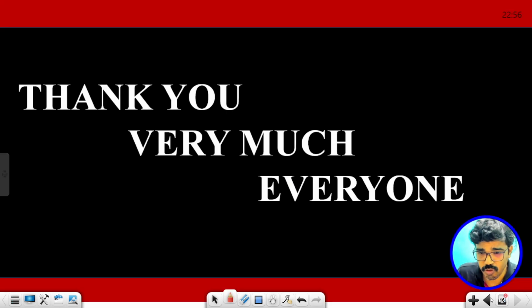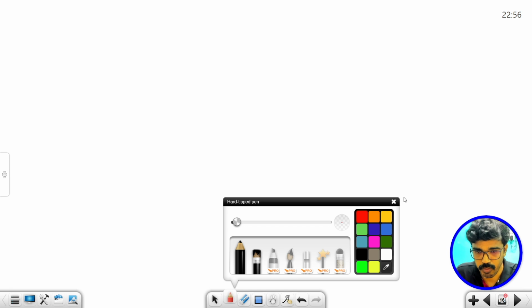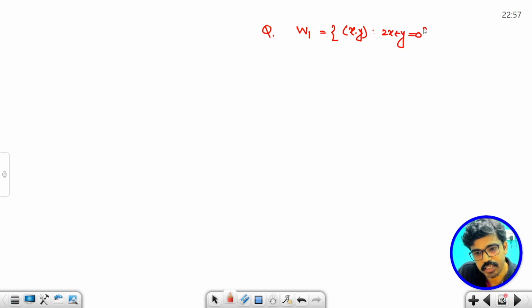দেখো আমি একটা এক্সাম্পল ডিসকাস করছি, just see this example. Suppose we consider which of the following subsets of R² forms a subspace, just note this problem. Suppose we consider W1 is equal to {(x, y) such that 2x plus y is equal to 0}.